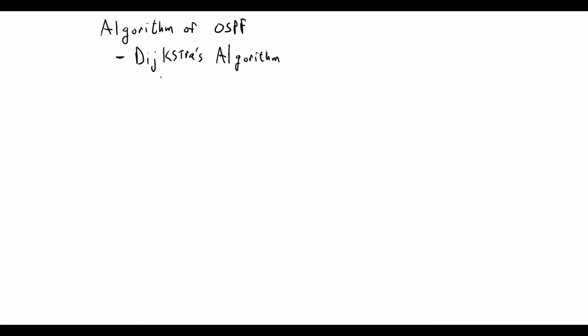This is a shortest path algorithm. So the goal of it is to find us a shortest path, and OSPF basically is saying that I'm going to find the first open shortest path and use that as my route to send packets.